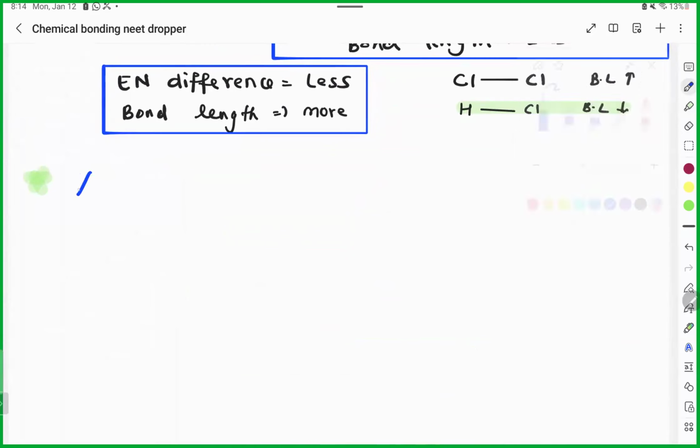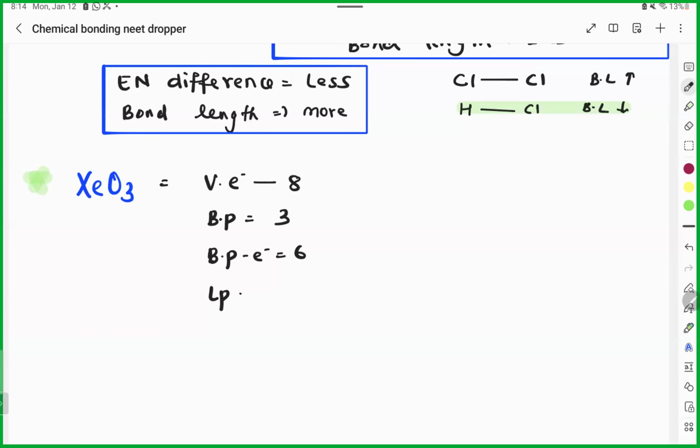If you take XeO3, then what will happen? Valence electron will be 8. Bond pair will be considered 3. Bond pair electron will be 6. Lone pair electron, you will take 8 minus 6, 2. So lone pair will be 1.